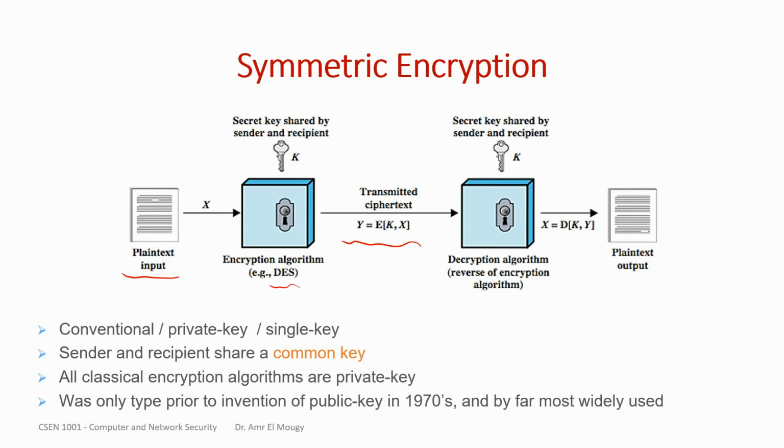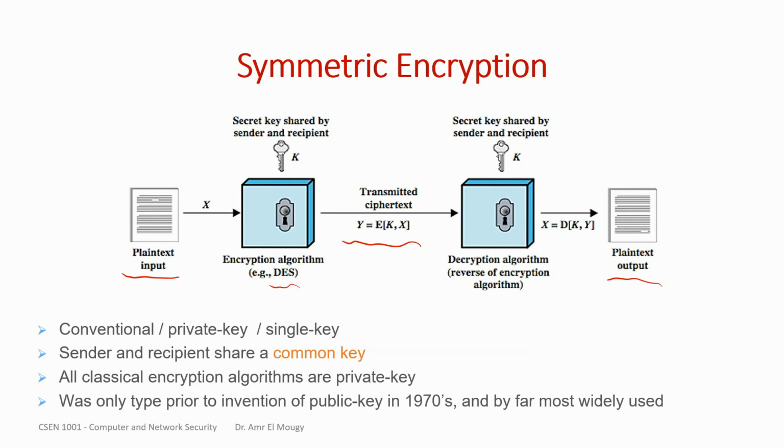It will basically feed the ciphertext to the decryption algorithm together with the exact same key that was used for encryption. So the key that the sender used for encryption is the same key that will be used for decryption. So if you feed the ciphertext to the decryption algorithm together with the same key, you should get the exact same plain text back.